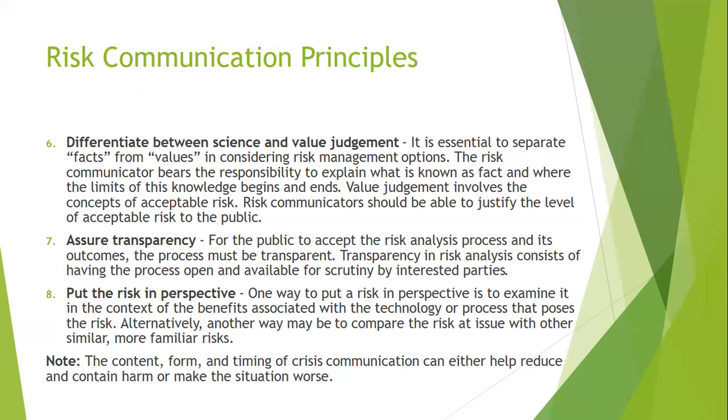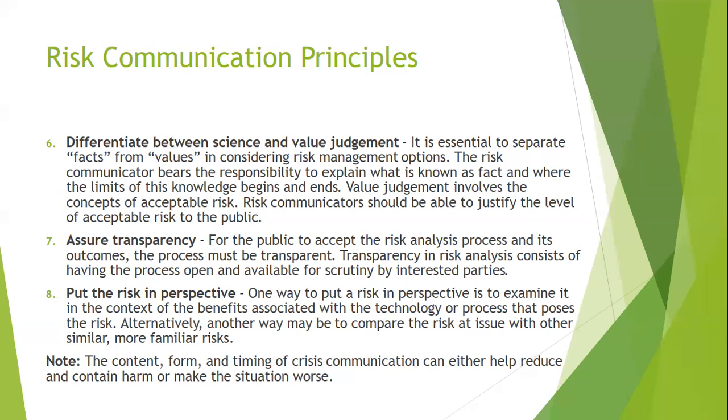Therefore, you find the poor person would be more likely to be affected than a well-off person, even though they are exposed to the same flooding event. So therefore risk is different for each of those. So that's what we mean when we talk about value judgment and acceptable risk.